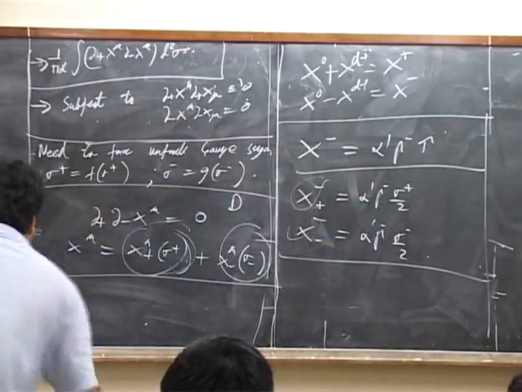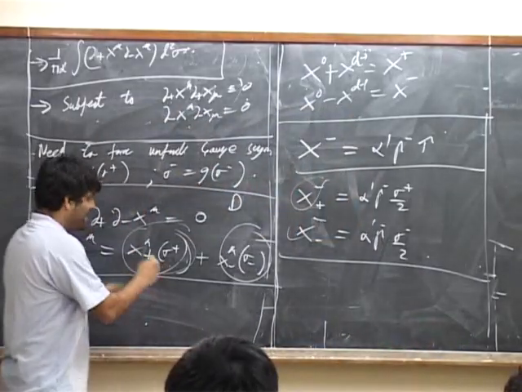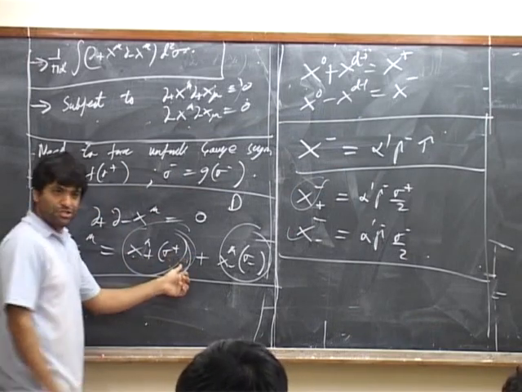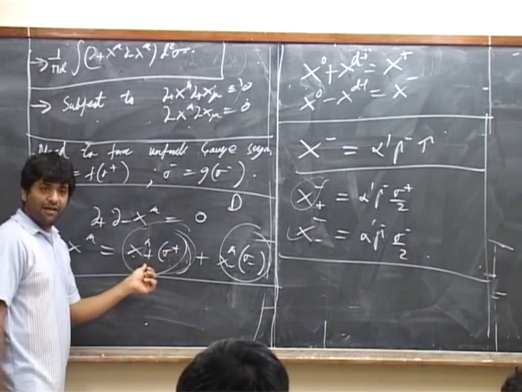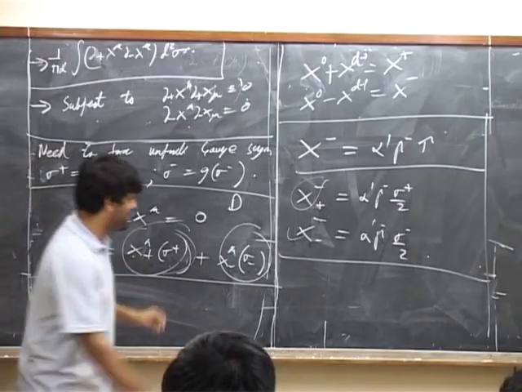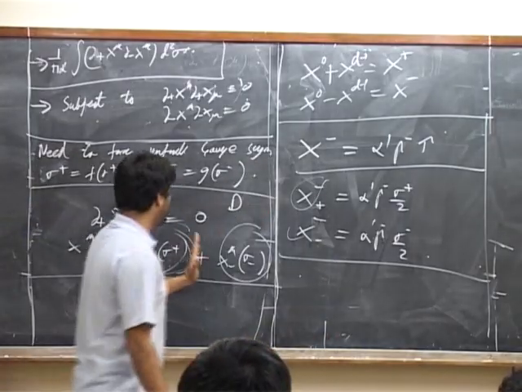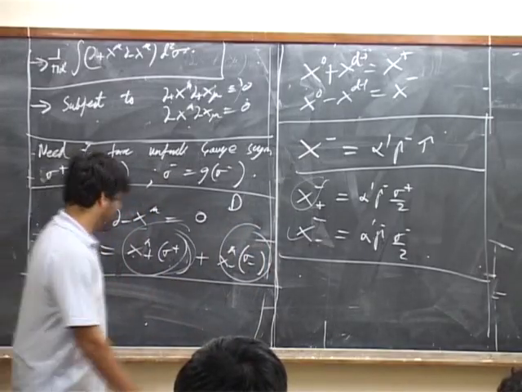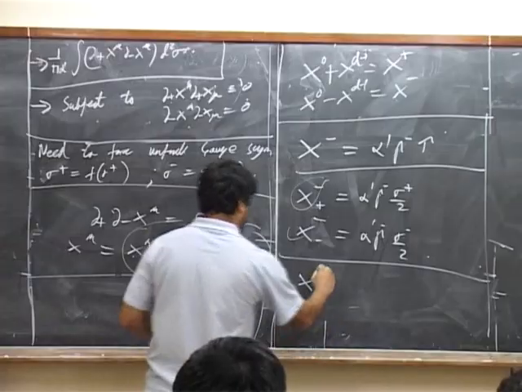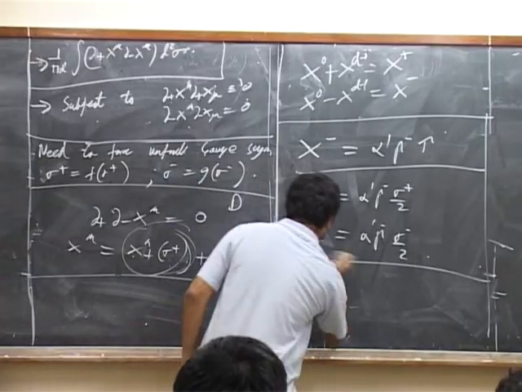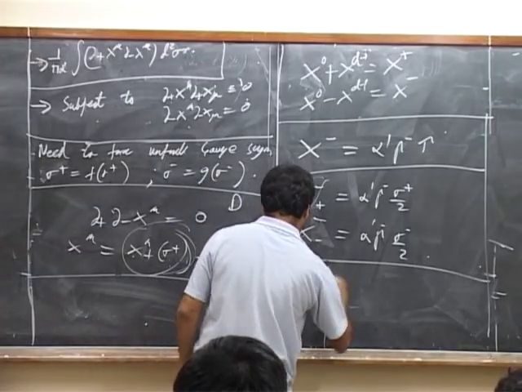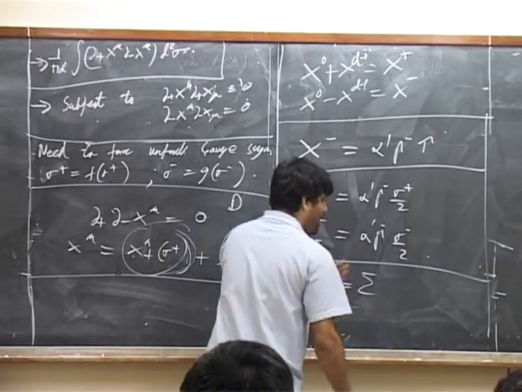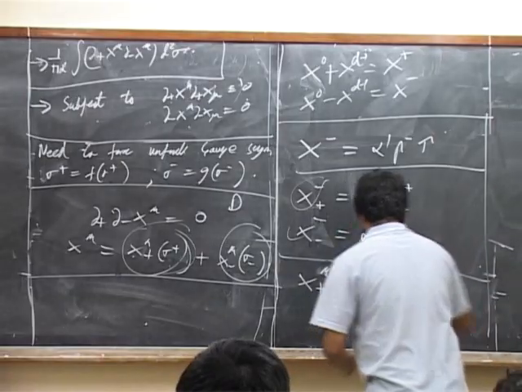Is this clear? Let me say this here. Let's remember we said that the most general solution of any of these x's and therefore of x minus was of this form. Let's forget about sigma minus in what I'm saying for a moment. Look at just sigma plus. Now, this was a periodic solution. So x mu plus can be written in terms of Fourier modes.